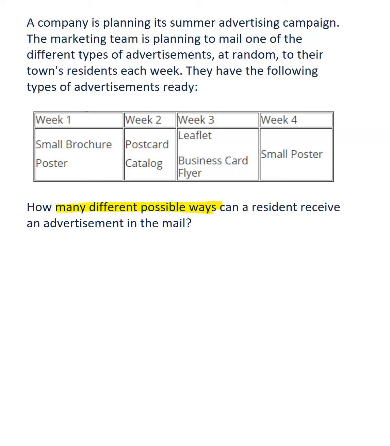When you look at this table, this reminds you of your tree diagram actually, because if you were to put in a tree diagram, I'll not take too much time on this, but you can see that week 1 goes up here. Week 1 would be small brochure and poster. So that's your first tree beginning.